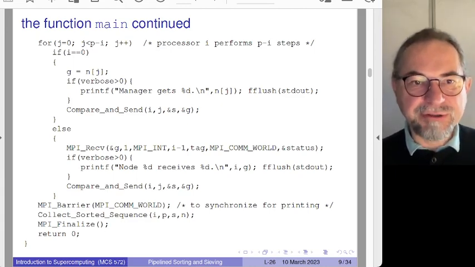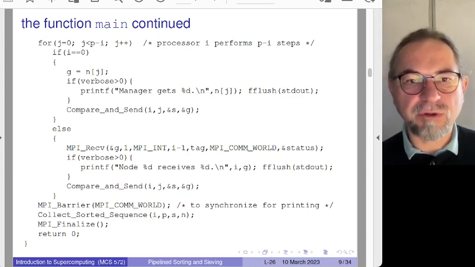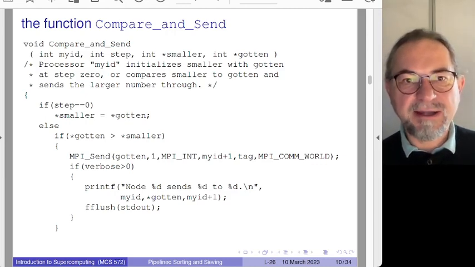The manager receives, in some sense, its number by copying from the array. And it does one send. That is then received by the processor 1. So here you see the my ID, which is the I, and then there is the step. The step is the J. So this program will sort P numbers in every step.